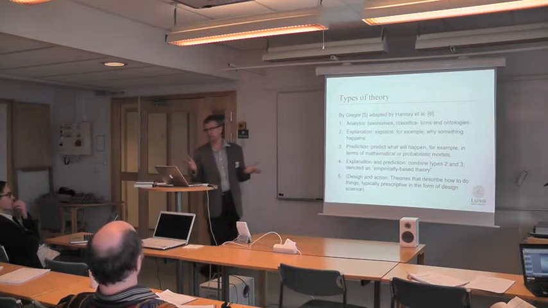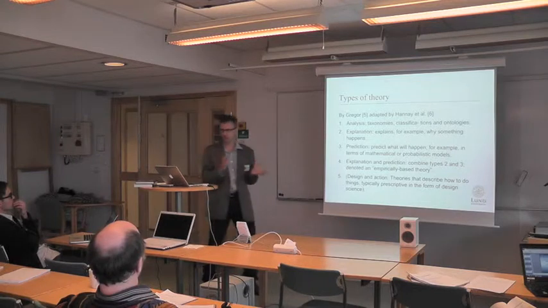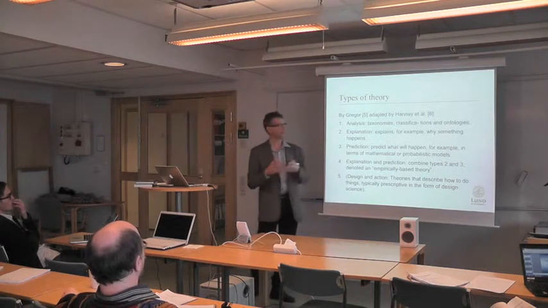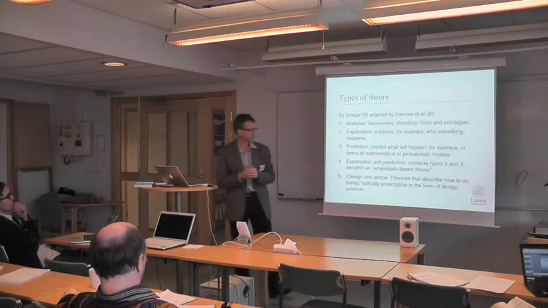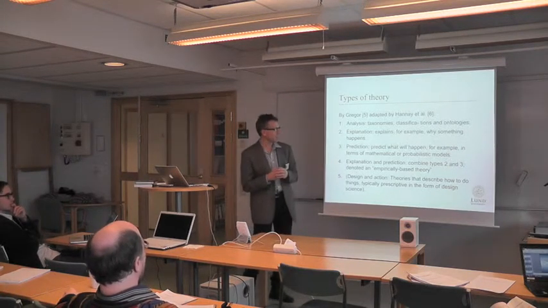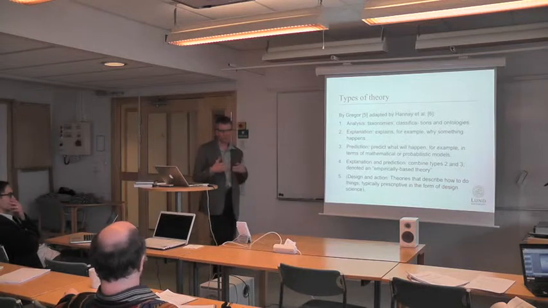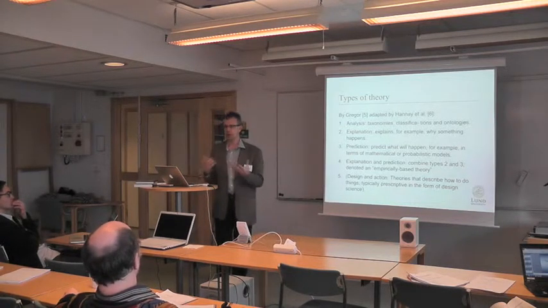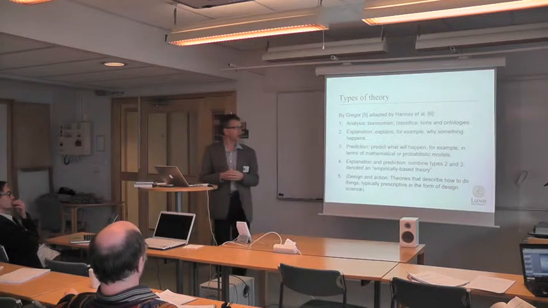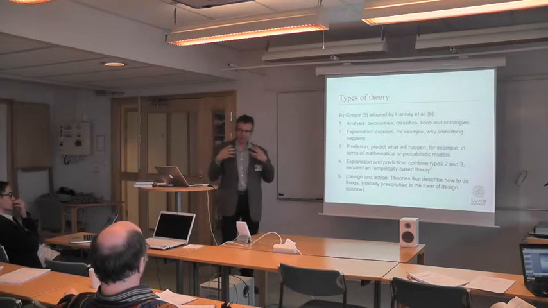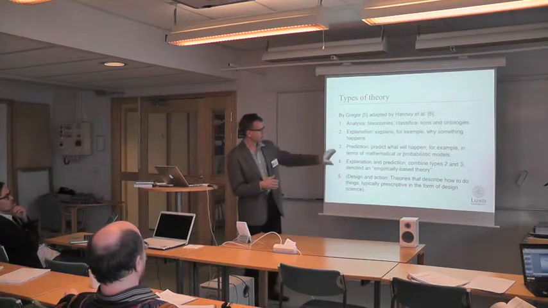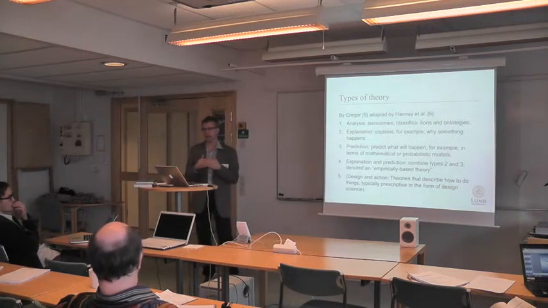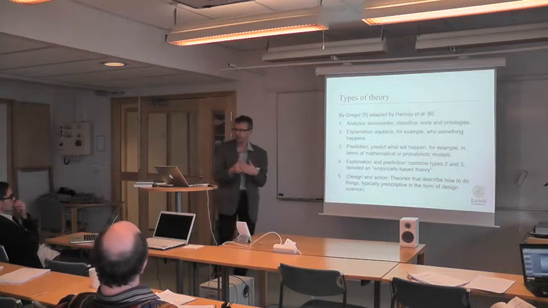Carl von Linnaeus' scheme to classify flowers and so on, that's kind of an analysis theory. Explanation theories explain, for example, why things happen, contributing factors, but only on the explanation side. The third class of theories actually has the ambition of predicting.